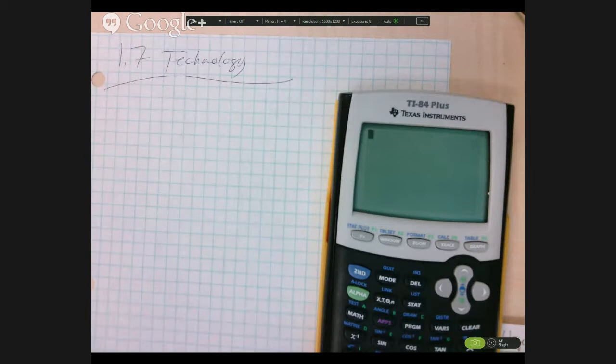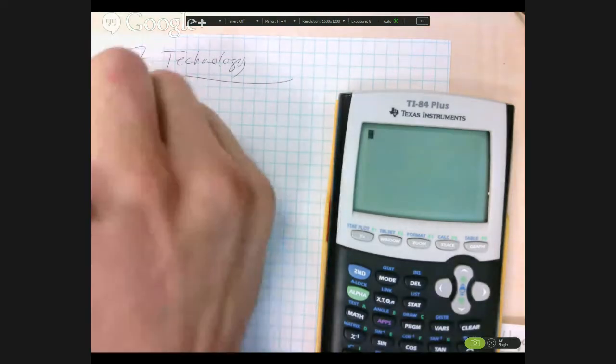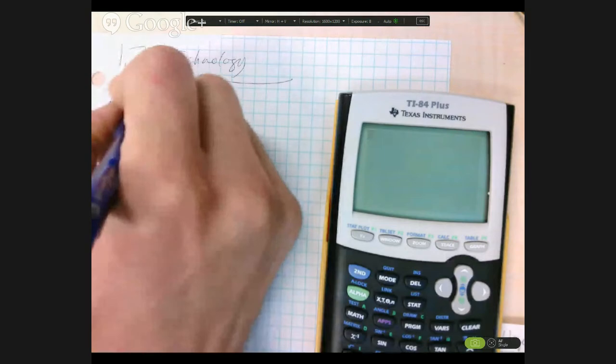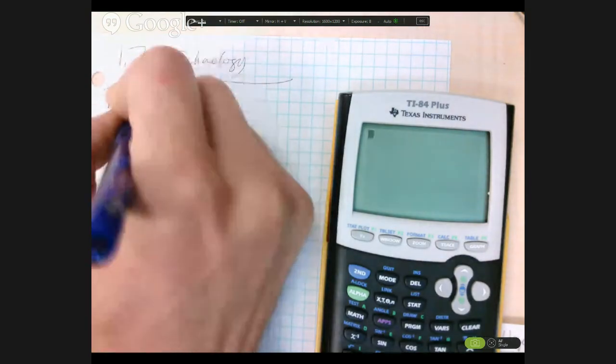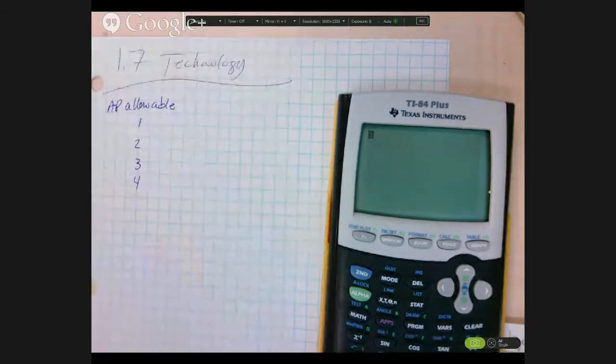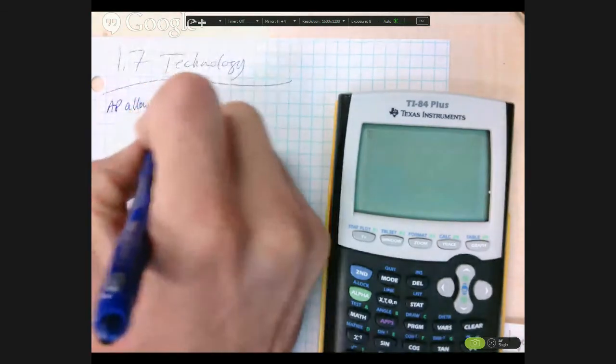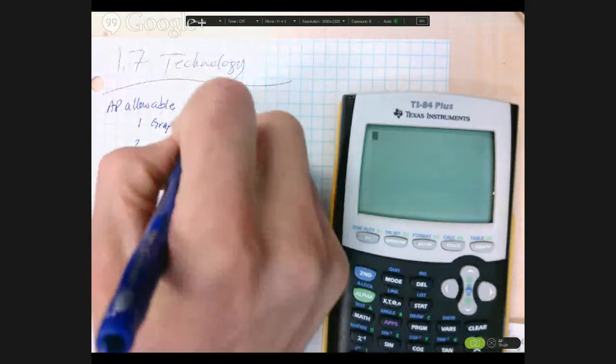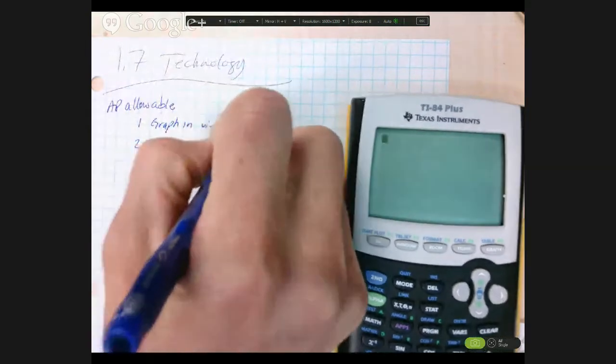Corey, what are the four things you can do on the AP test on a calculator and get credit for it? There are four, actually. Okay, you can graph in a viewing window.